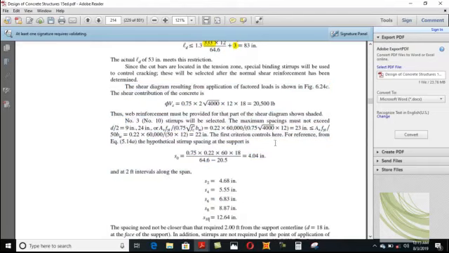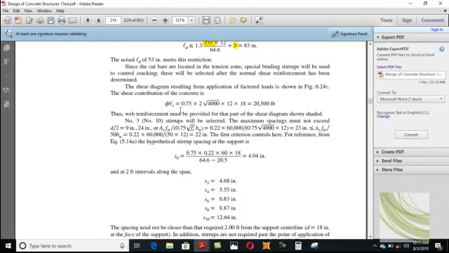Because it is a tension zone, and cutting bars in a tension zone gives birth to shear stress concentration, ACI does not permit you to cut the bars in the tension zone unless one of these three criteria is met.